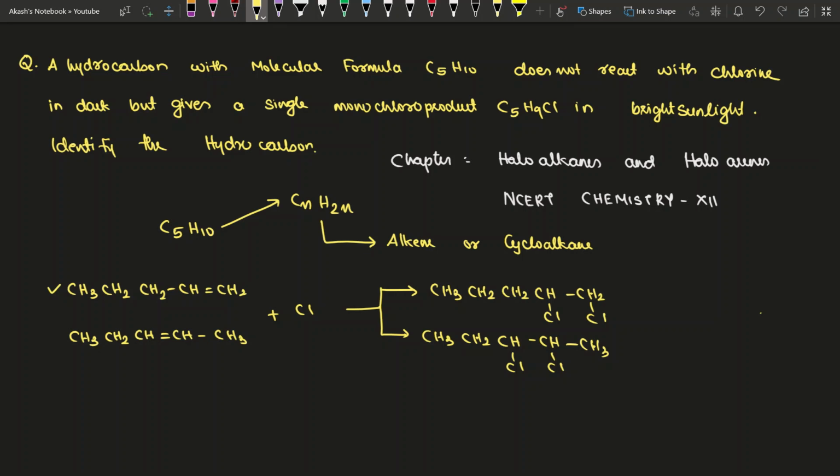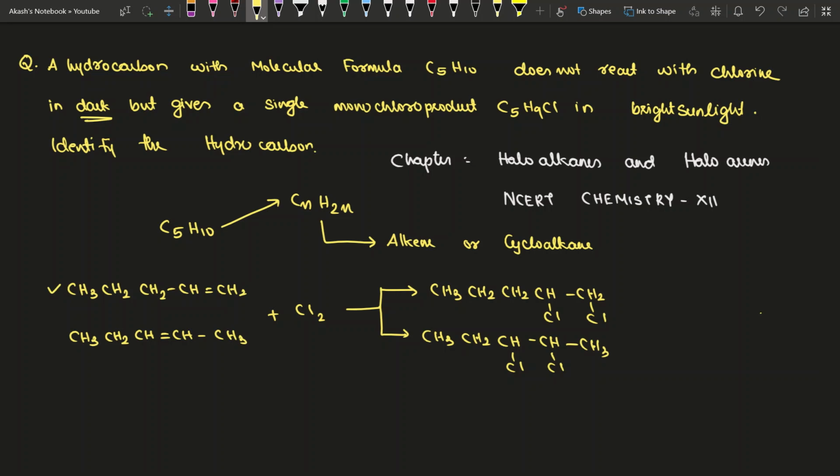So what is happening? You have an unsaturated system, and when you add a halogen, that means a chlorine molecule, the chlorine is added across the two carbons. We know addition reaction is very fast. A halogen gets easily added to a double or triple bonded system, and it doesn't require any precursors like light, heat or any activating condition. They specifically mention that it does not react with chlorine in dark.